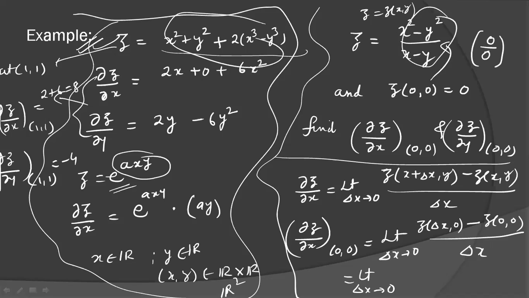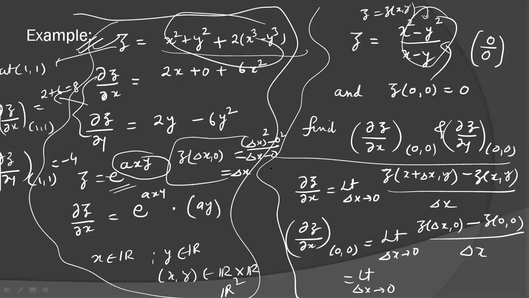So what is the limit, delta x comma 0? You have the value z(x, y) as x square minus y square over x minus y. Then z(delta x, 0), if you put delta x in place of x and 0 in place of y, will be delta x square minus 0 square over delta x minus 0.